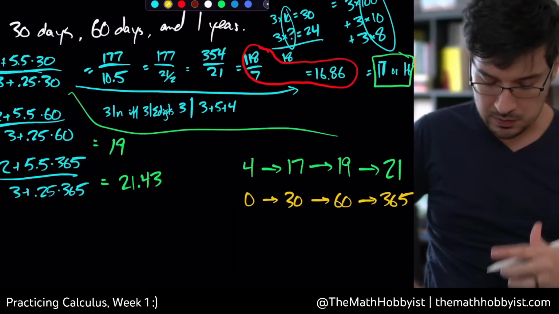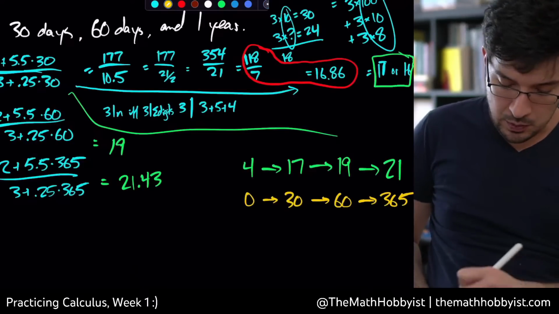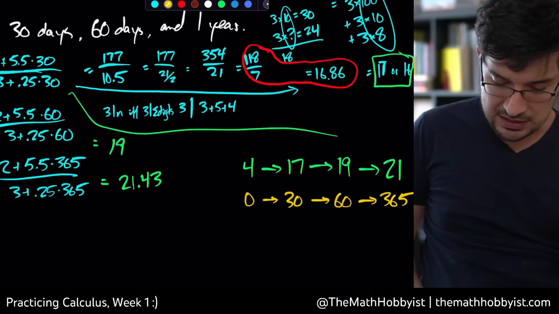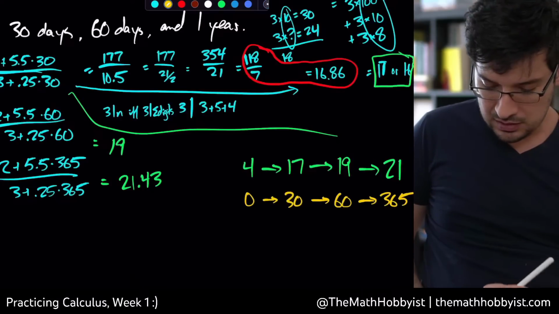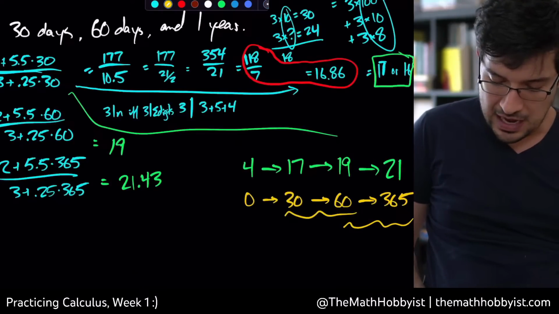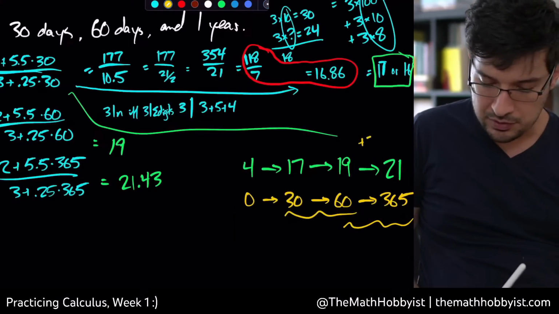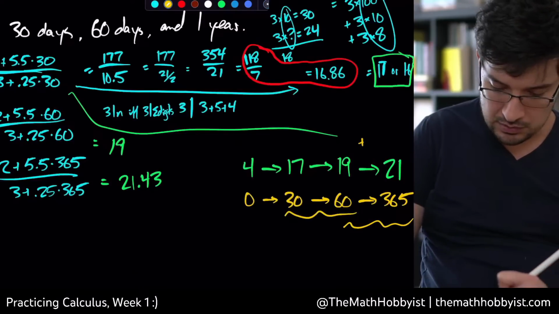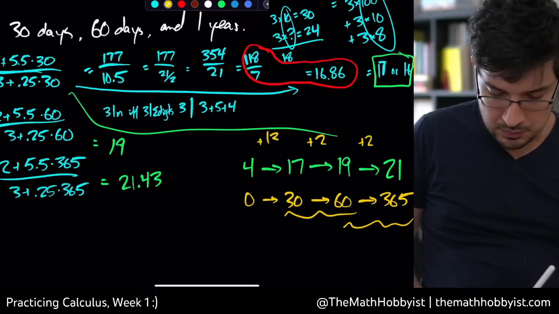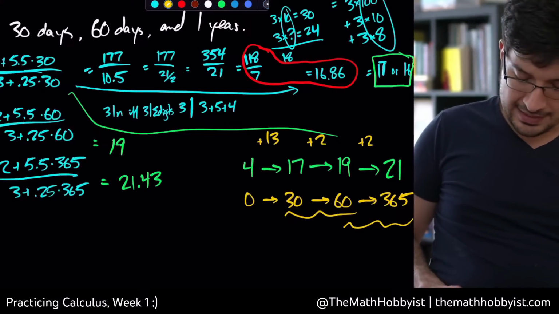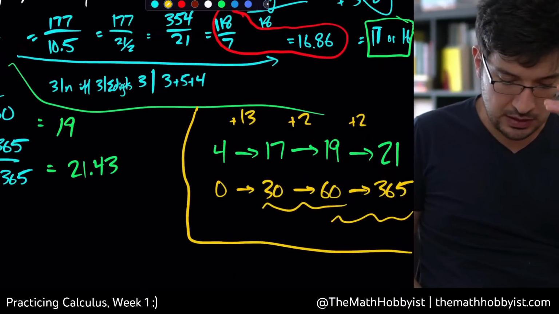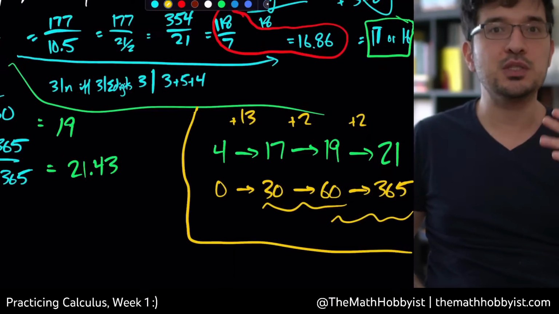The population grew really quickly from 4 to 17, and then more slowly from 17 to 19, and then even more slowly, because that was only 30 days, but here it was 305 days. It only grew about plus 2. So I think that's the point of this problem, that we should be seeing how this population is slowing down and approaching a limit.